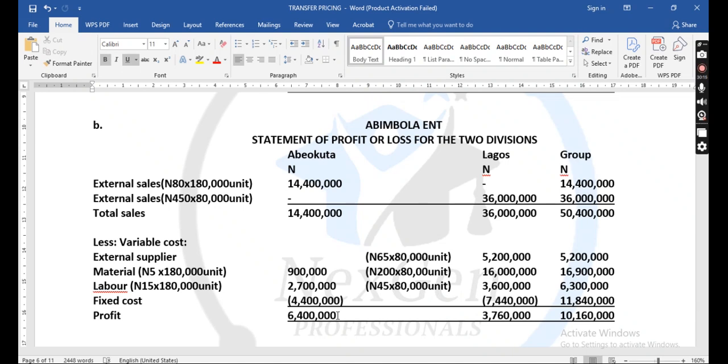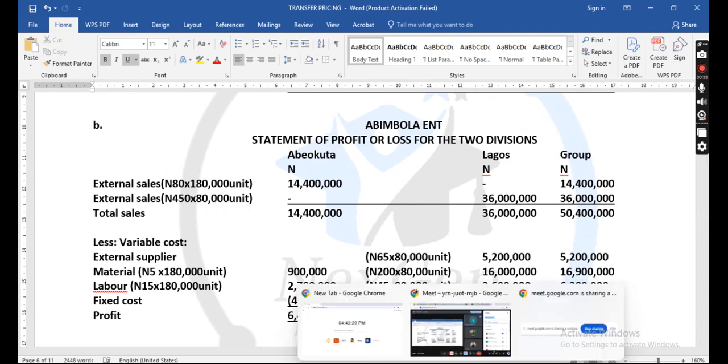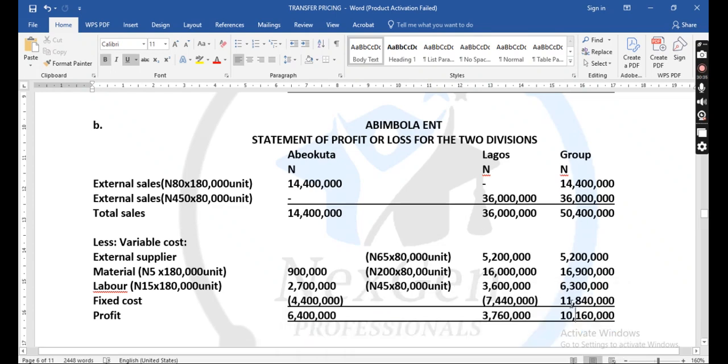Next. So the profit is still the same, 10,160,000. Okay, that's fine.